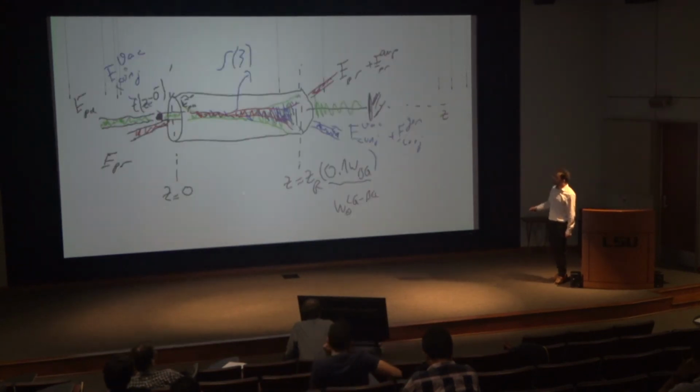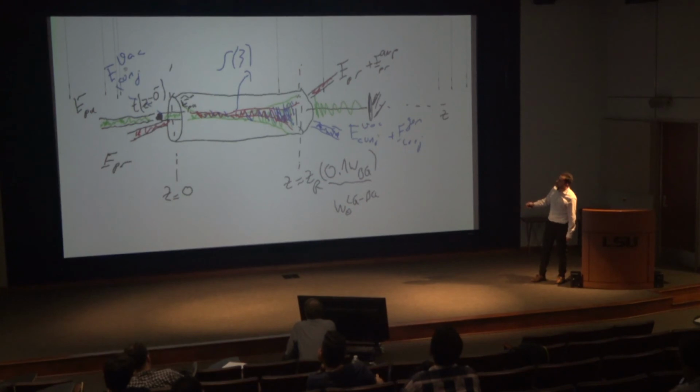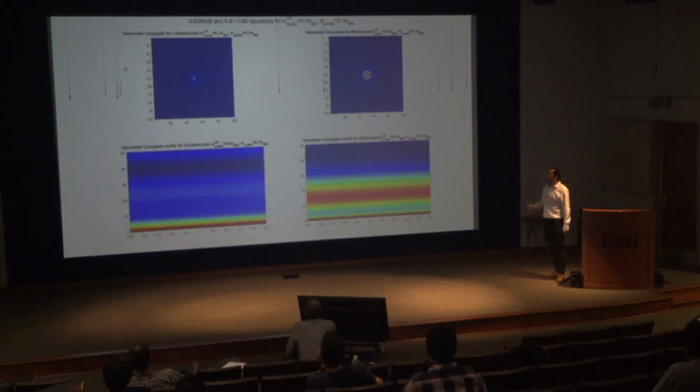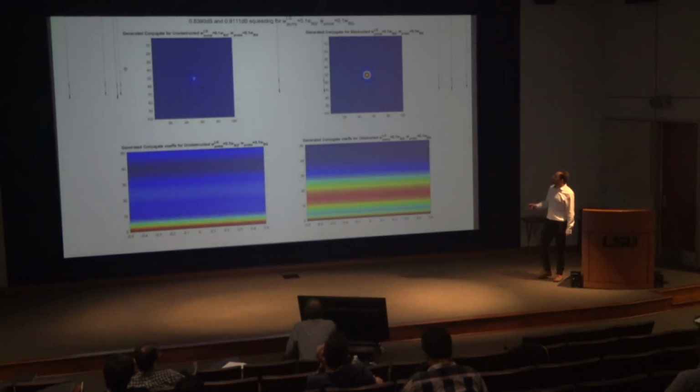I'm obstructing the beam right before the entrance of the cell, right before the chi-3 nonlinear process starts happening.